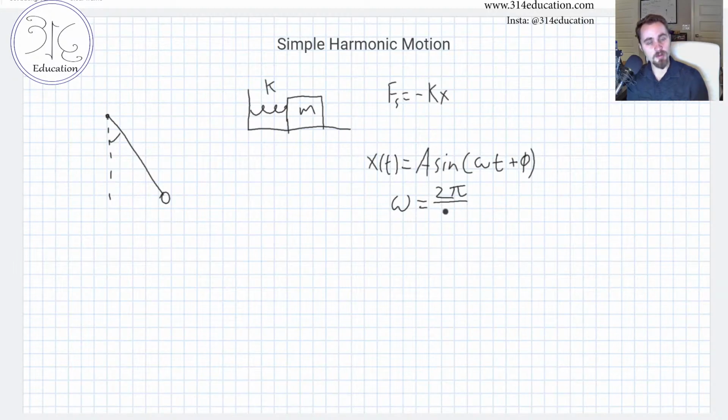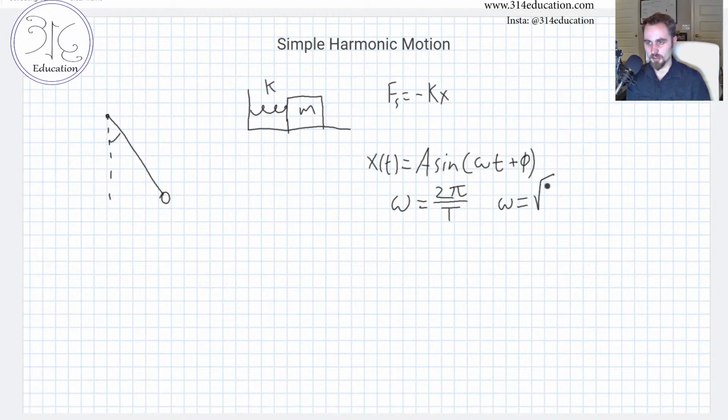And then the frequency would be the time it takes to do that, so we divide that by T, again the period, just like we saw in centripetal motion.